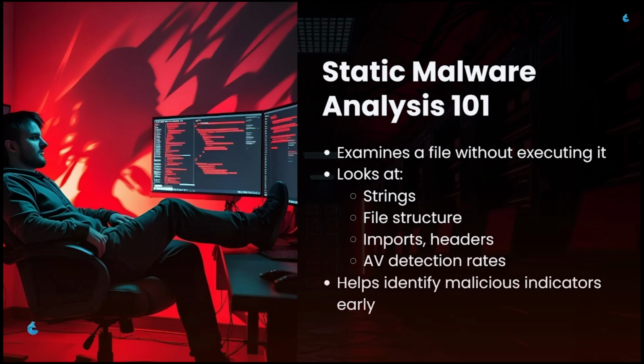The file structure is reviewed to check if it matches the expected format for its file type. Technical details like imports and headers are examined to identify what libraries or system functions the file might attempt to use. Sometimes security analysts will also check the detection ratio by scanning the file through multiple antivirus engines to see if it is flagged as suspicious or malicious.